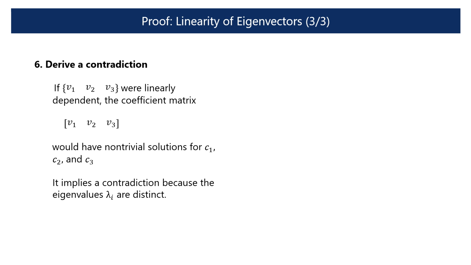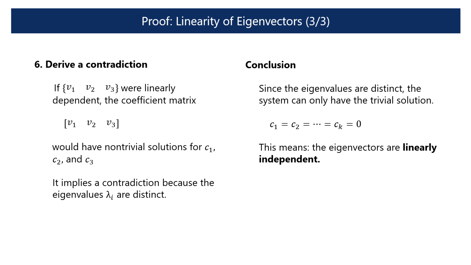It implies a contradiction because the eigenvalues lambda i are distinct. Since the eigenvalues are distinct, the system can only have the trivial solution. This means that the eigenvectors are linearly independent.